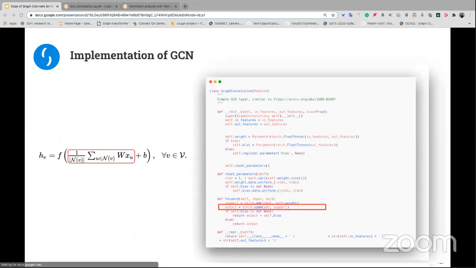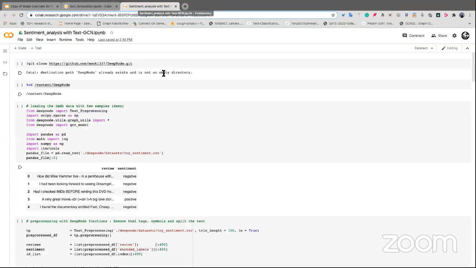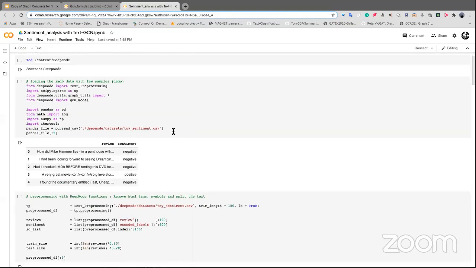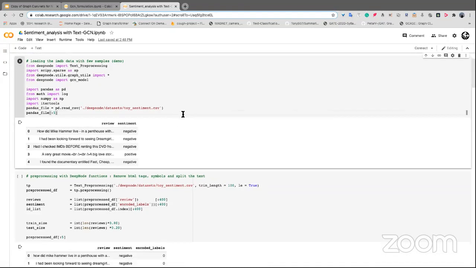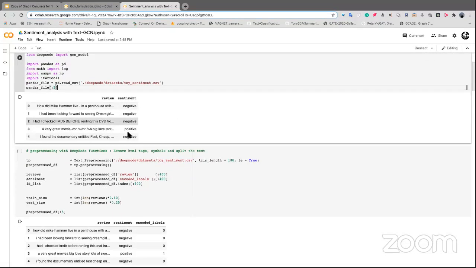Let's go through one implementation. We are going to do some sentiment analysis with the GCN. Whatever I have shown you was on sentiment analysis. This is a simple data set I have taken, just 5 rows, to show you.